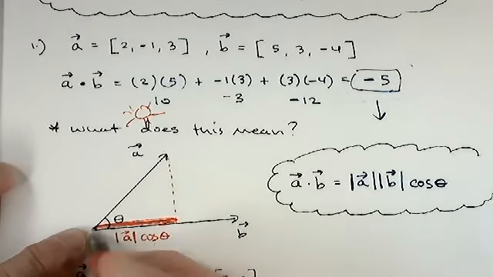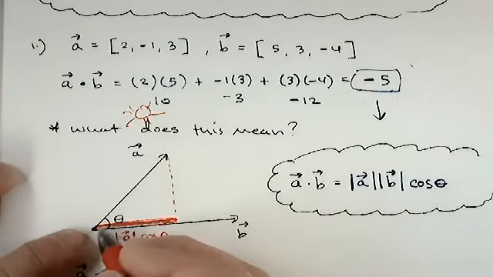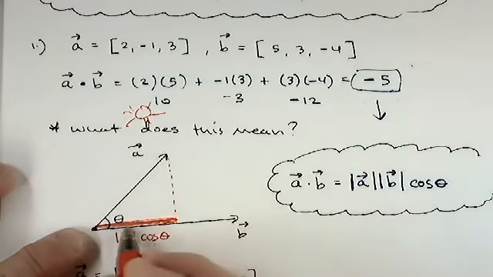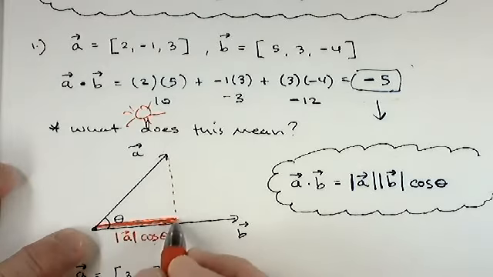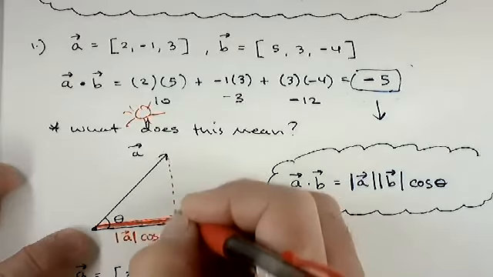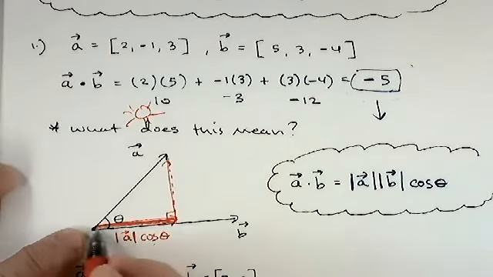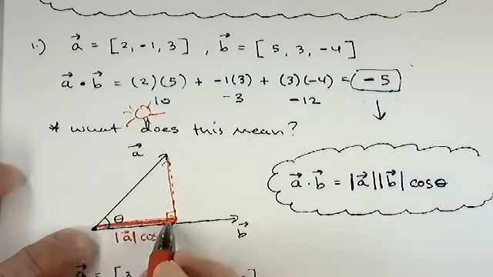So the way we can interpret this, and we do this a lot with vectors, is if you have two vectors that are not pointing in the same direction, you can think of one vector, I'll just use A, as the sum of two vectors: one vector that's going in the same direction as B, and one vector that is perpendicular to B. This one's called the projection vector. We'll get more specific with this later on. And this one's actually called the orthogonal vector.